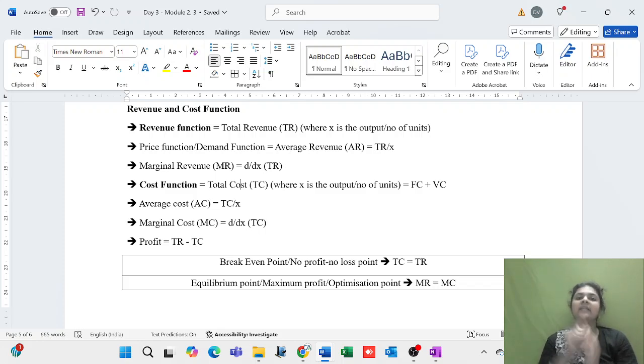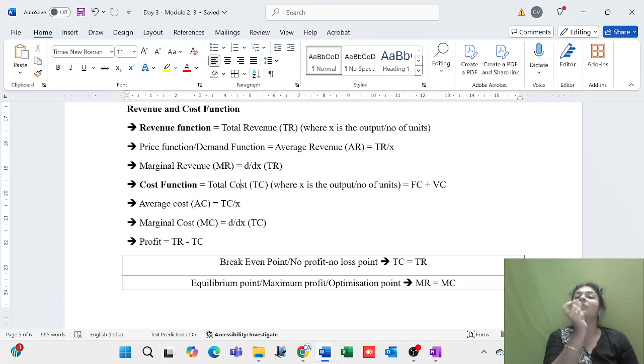Now anything that comes with the coefficient of x square, where the output can be x or the output can be q, either can be there. So anything attached to the words x or q is the variable cost.